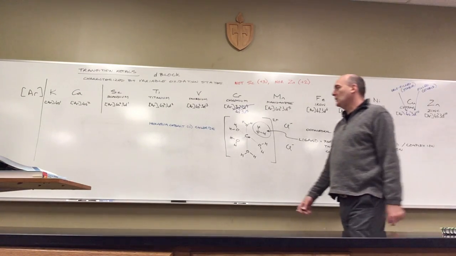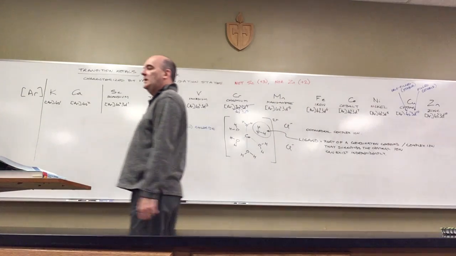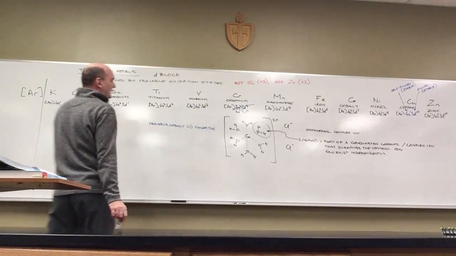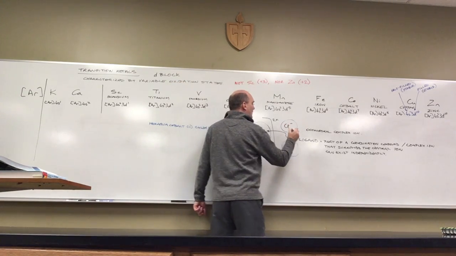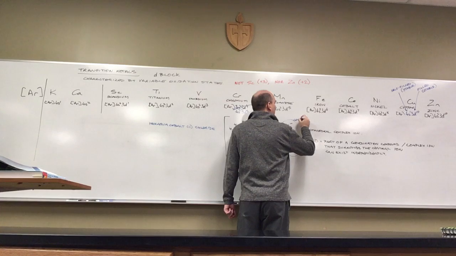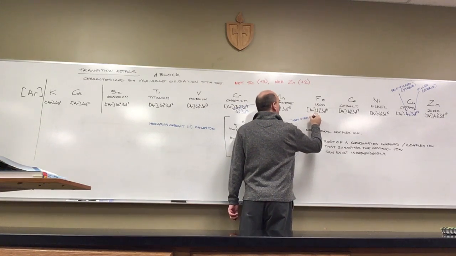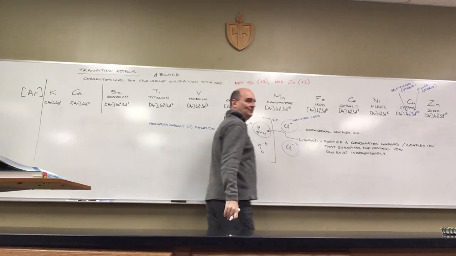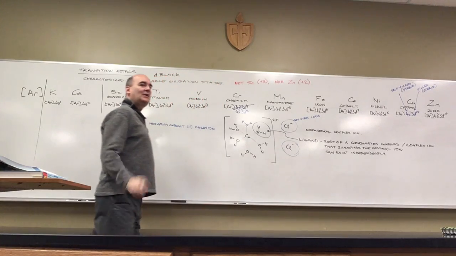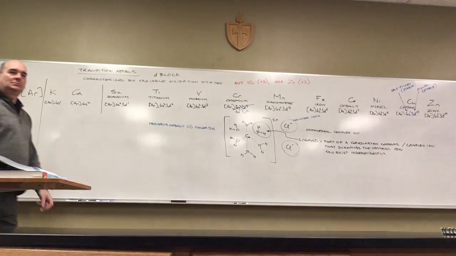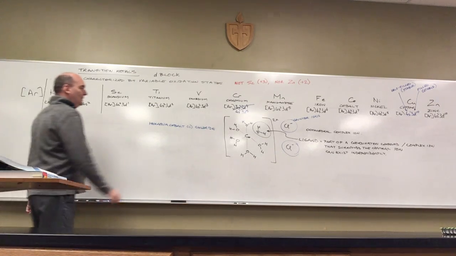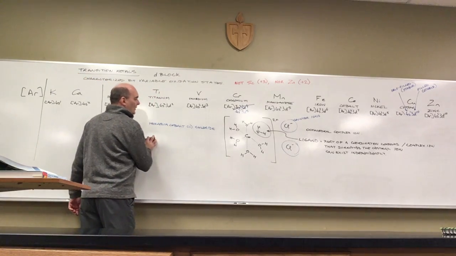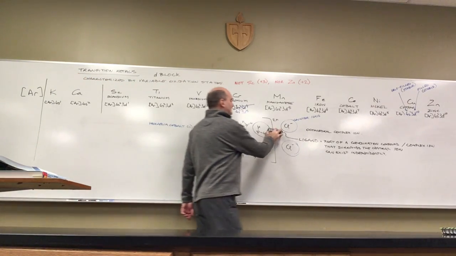If it were hexaqua cobalt 2 bromide, it would be exactly the same thing. Because these, right now, are just counter ions. All they're doing is balancing the charge. They're not attached. So they're not part of the complex. The complex is going to give what we're looking at right now its color.